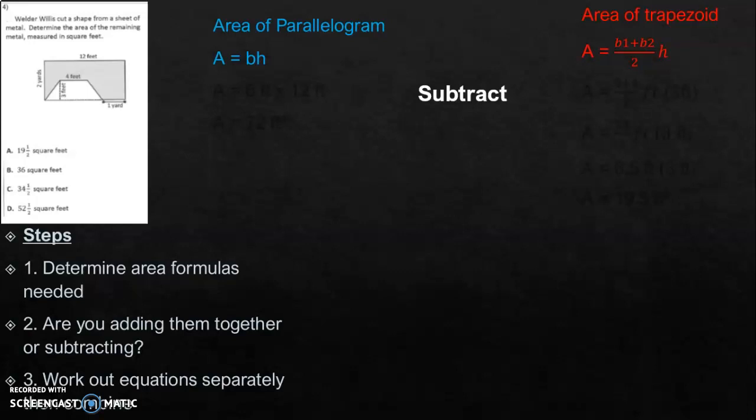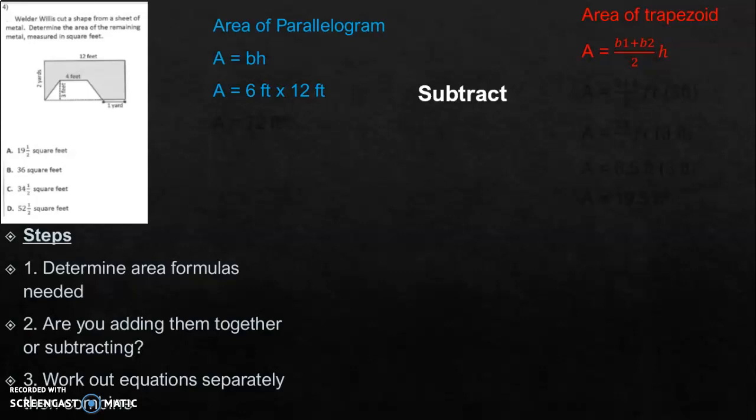Our answer choices are all in feet. So you need to first convert your 2 yards into feet. So I know that every 1 yard is 3 feet. So multiply 2 times 3 first, and that'll give us 6 feet times 12 feet. Okay, so 6 times 12.